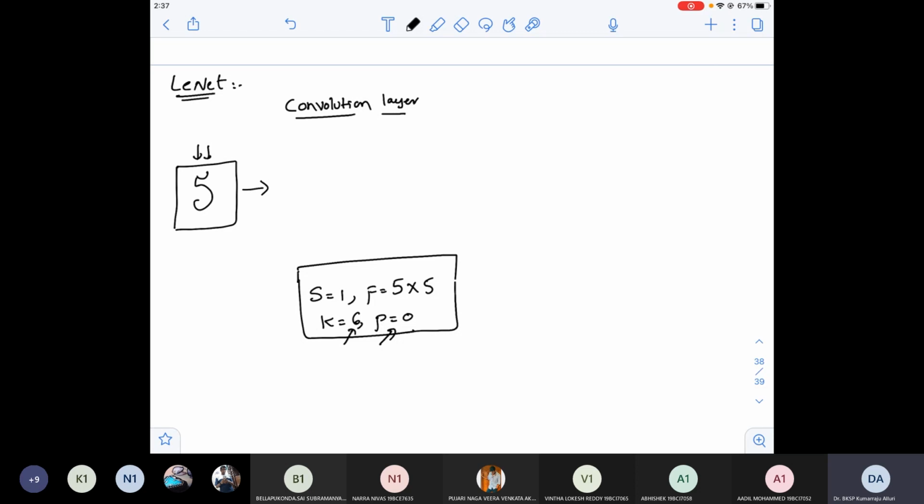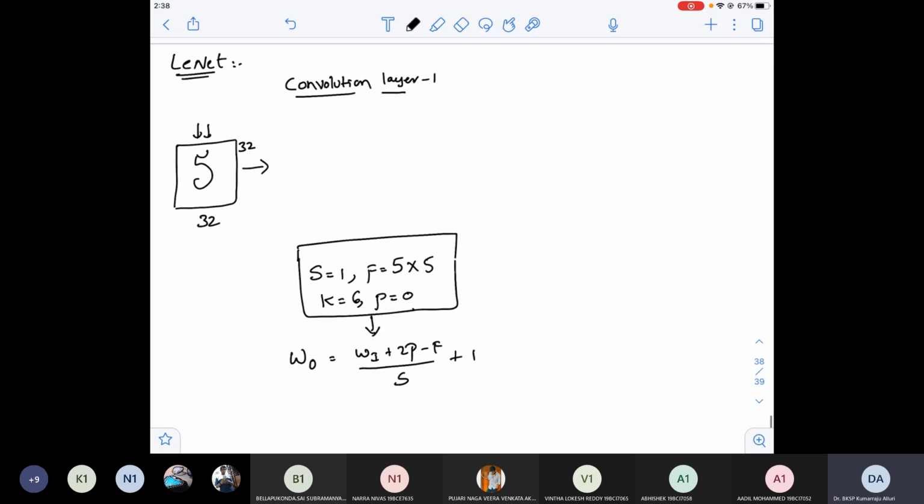Now let us apply the formula that we studied in the last class. This is my 32 by 32 image, 32 width and 32 height. The output width after applying this convolution operation is (Wi plus 2P minus F) by S, plus 1.